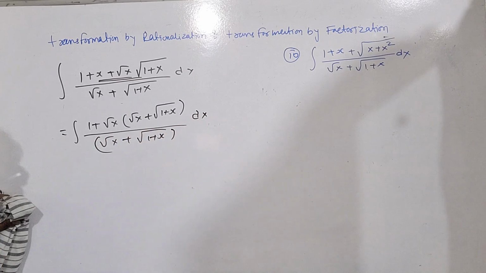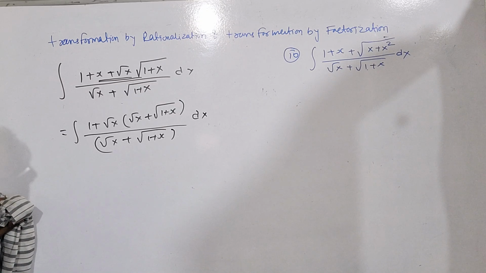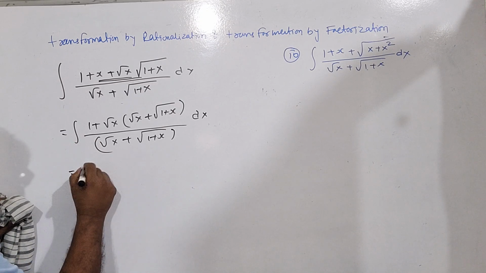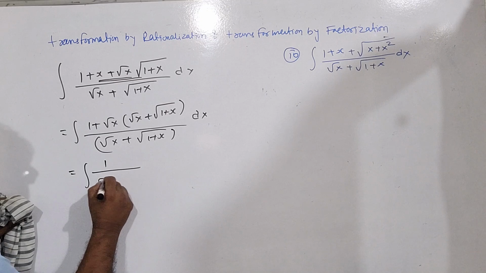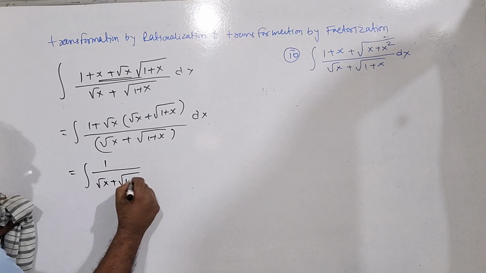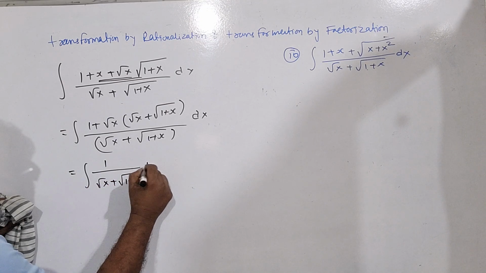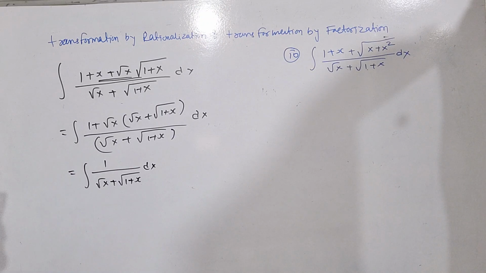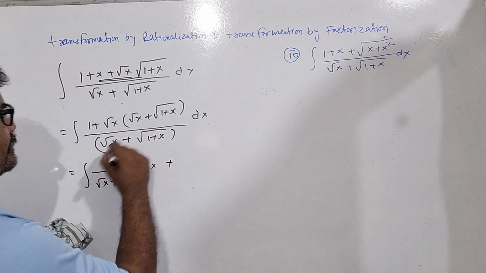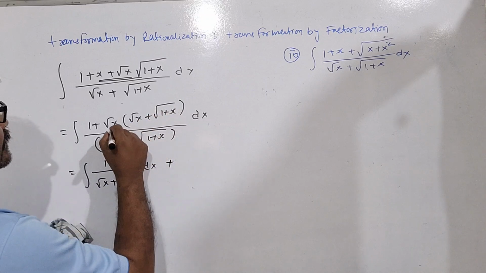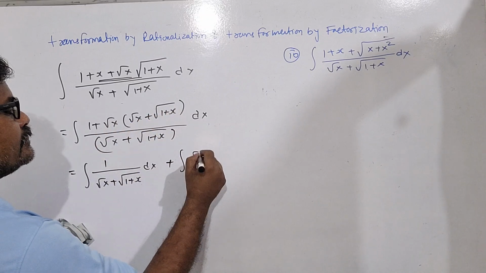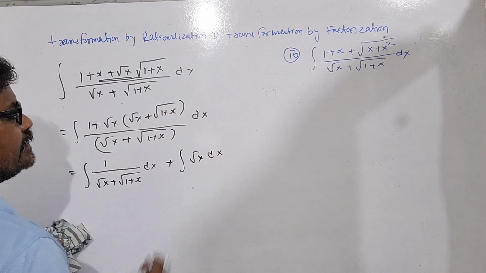So there are two integrations now, okay. First one is 1 upon root x plus 1 plus root x dx. This integration can be solved by using rationalization, correct. And this factor will get cancelled out, so I will remain with root x dx. That is very simple.